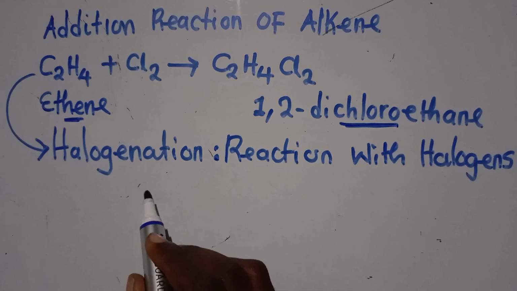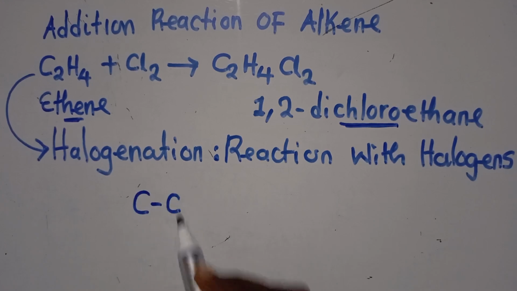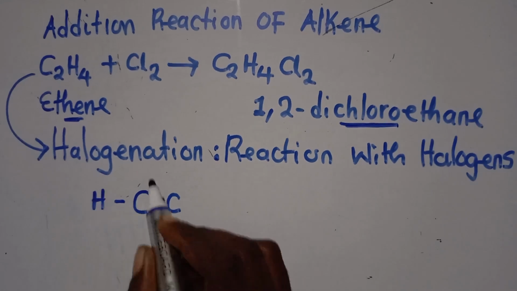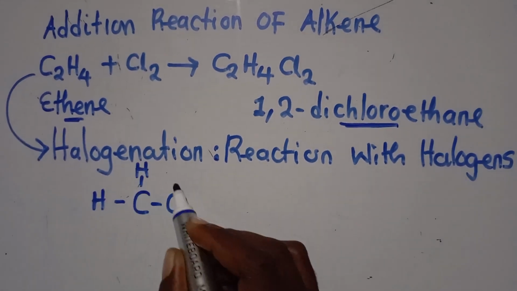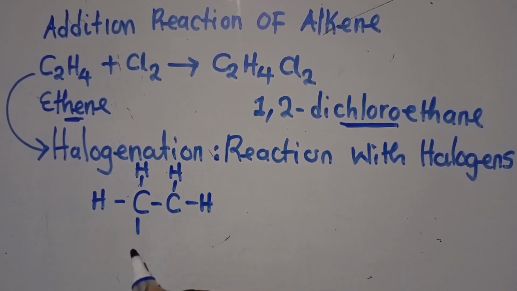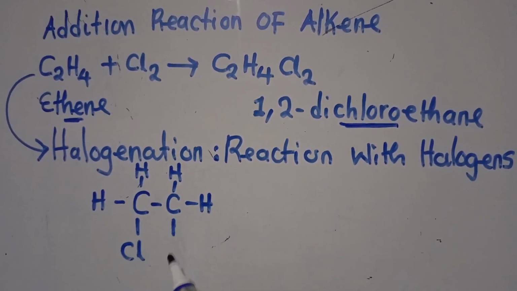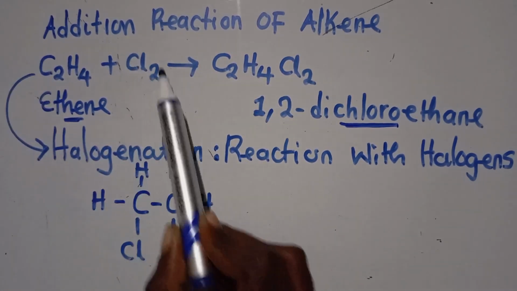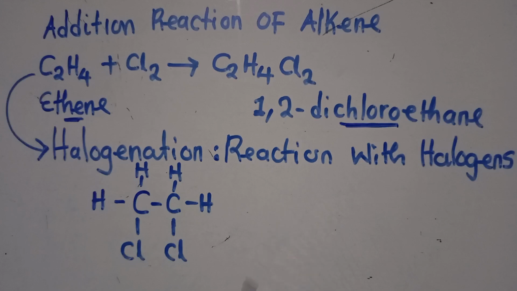So this is 2 carbons surrounded by 4 hydrogens. So 1, 2, 3, then 4, like this. Then chlorine, I put it here. This chlorine, I put it here like this. Have you seen what is happening? When an alkene reacts with a halogen, the double bond is broken.